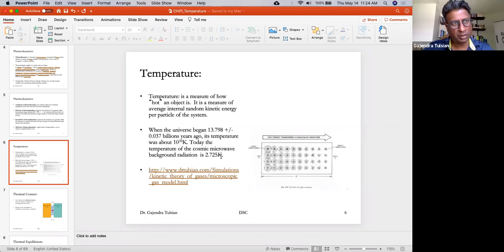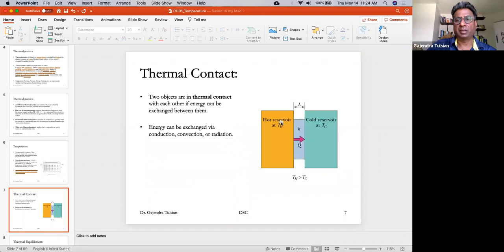So we are bathed in electromagnetic radiation whose average temperature is 2.72 Kelvin. Well, we are close to the sun, so we are influenced by the radiation of the sun. But if you went out far away in space, far away from all objects, you'd be bathed in radiation of average temperature 2.7 Kelvin.